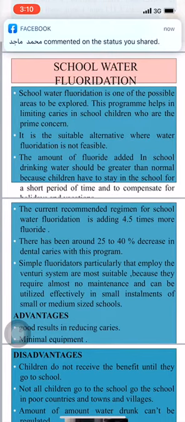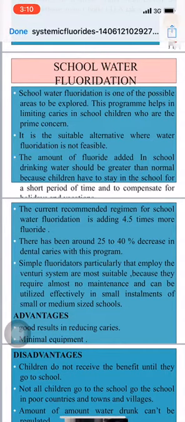The next point: the currently recommended regime for school water fluoridation is adding 4.5 times more fluoride, and there has been around a 25 to 40% decrease in dental caries with this program.